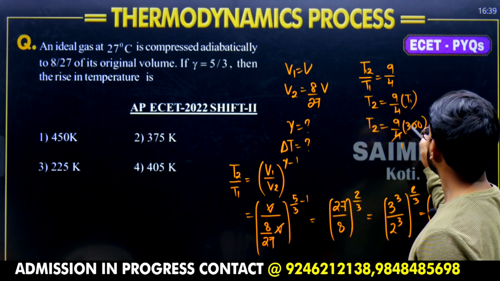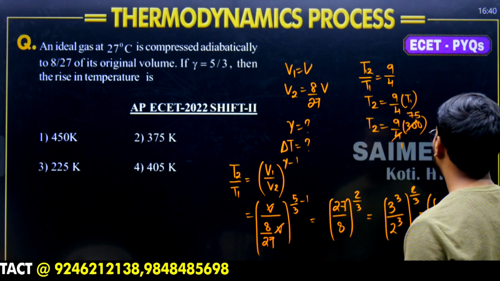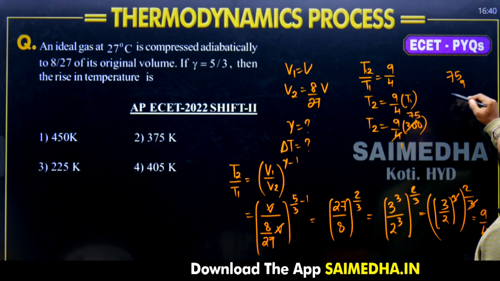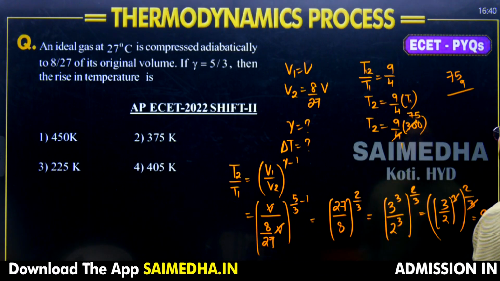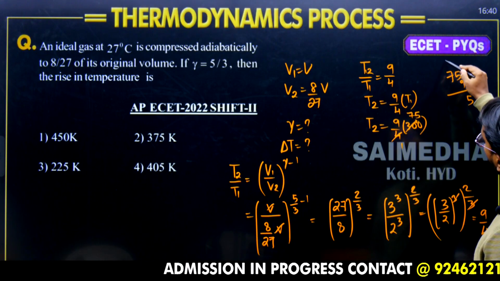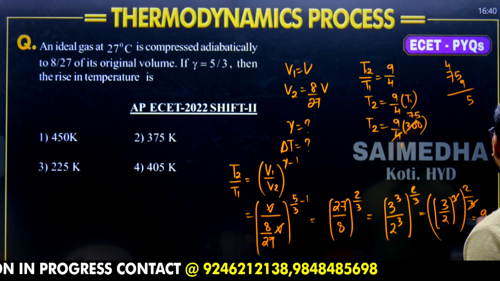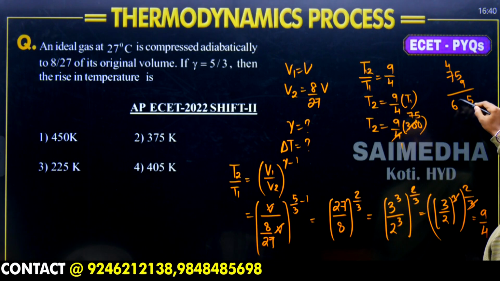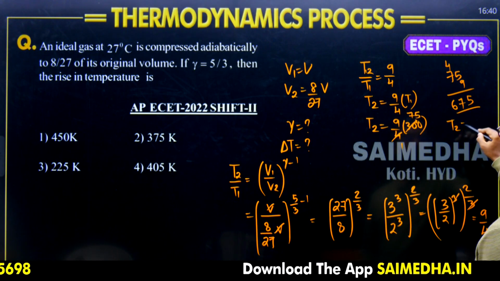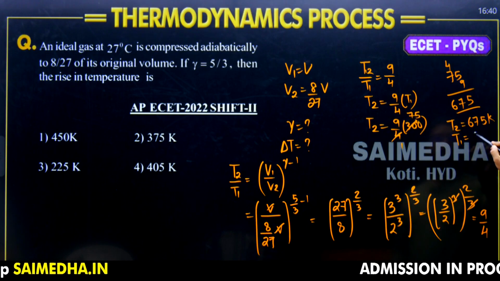So we get 75 times 9. 5 8s are 40, 5 9s are 45, 9 7s are 63, 63 plus 4 is 67, so 675. So now we got T2 is equal to 675 Kelvin and T1 is around 300 Kelvin.